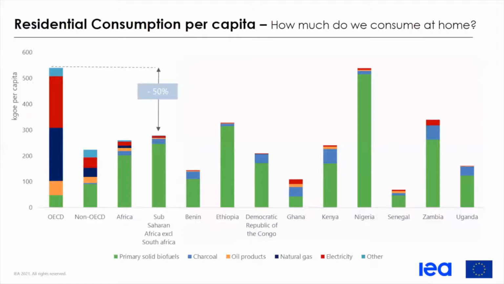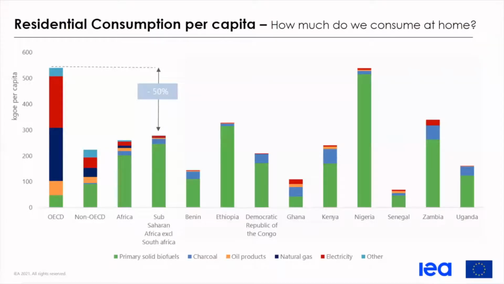In sub-Saharan Africa, we consume 50% less energy in the residential sector compared to OECD countries.